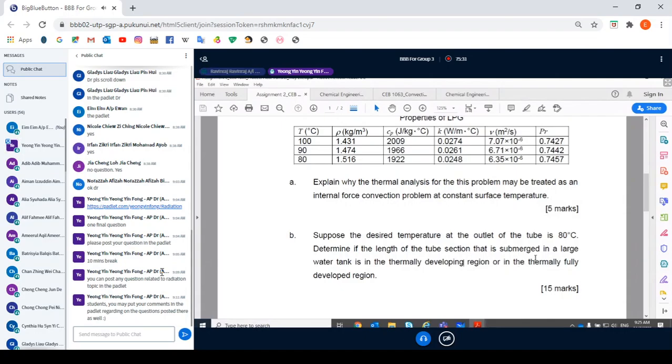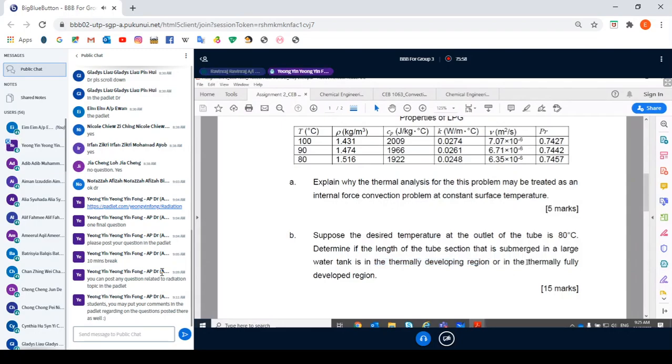Why are you taking the thermally fully developed region length? Because if the length is the thermally fully developed length, exceeding this length means that it's already fully developed, isn't it? That's why you have to compare over here. If it exceeds this length, your assumption will not be valid anymore. You get what I mean?